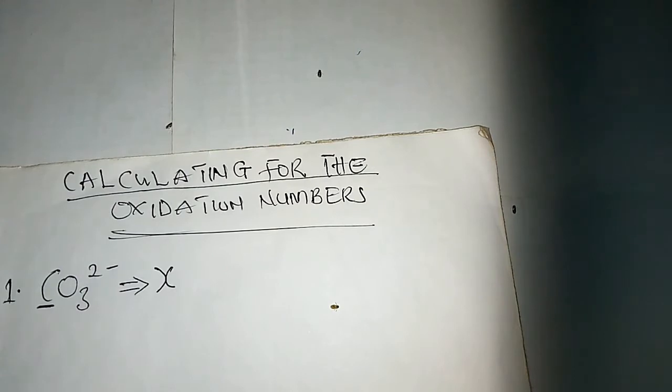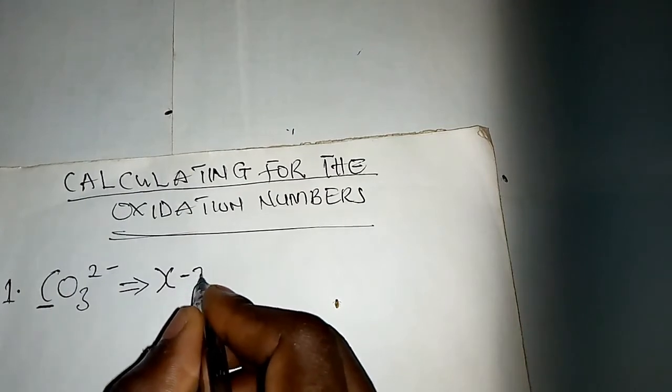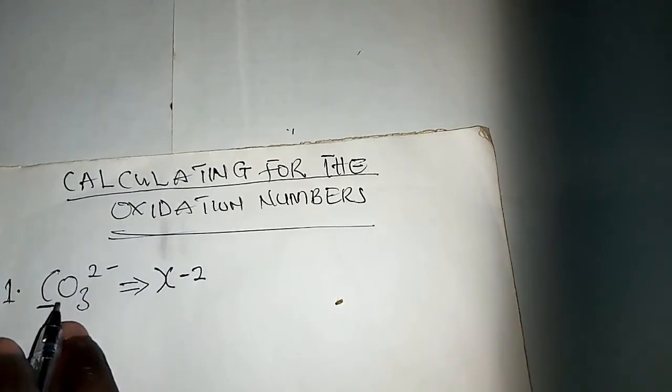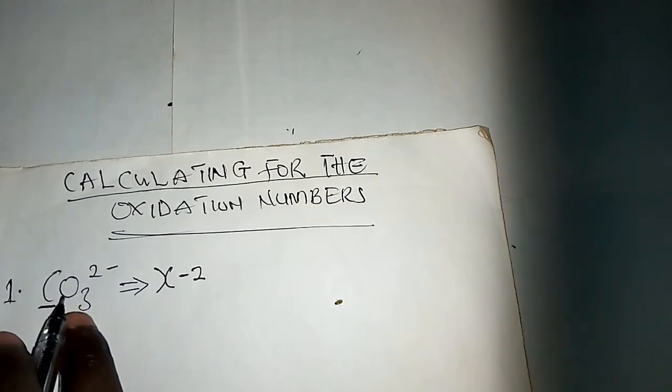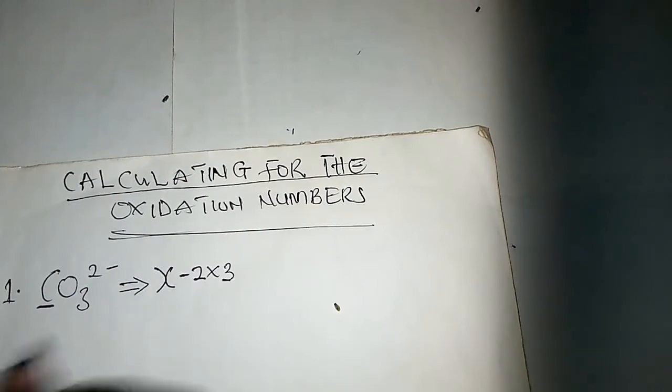And you know the oxidation state for oxygen is -2, except in peroxide where it is -1. So we write -2, and the -2 is multiplied by 3 here, so -2 by 3.